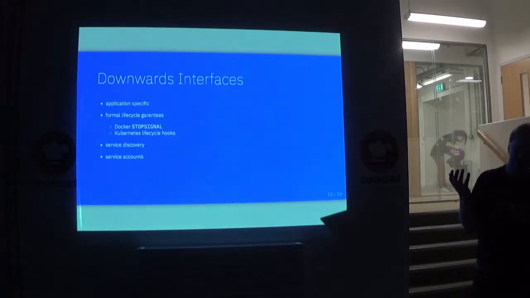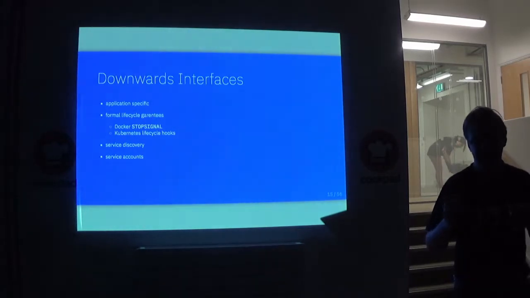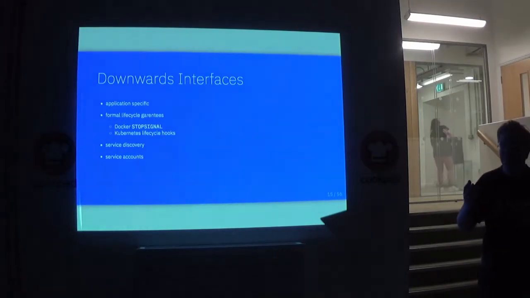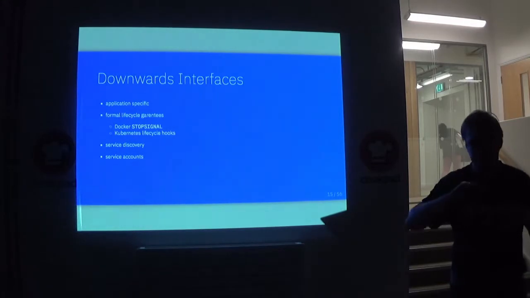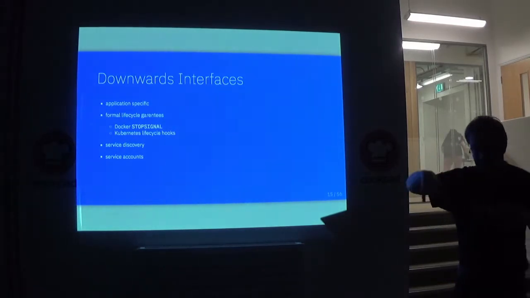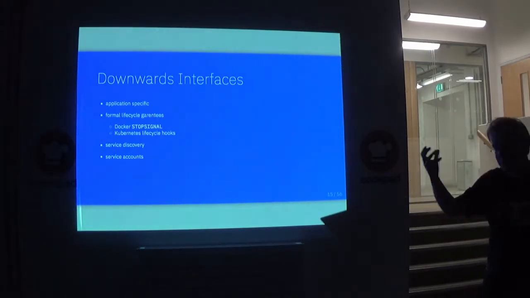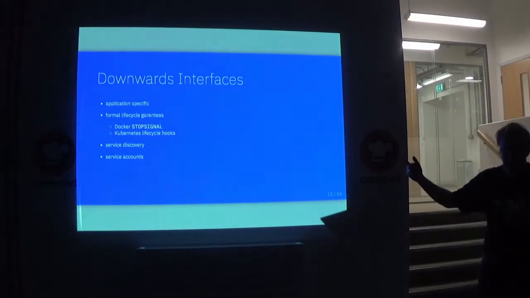It's not reasonable to expect an application developer to know and design an application so it's able to handle being forcefully killed at any moment without leaving stuff in a bad state. So we need to have some formal guarantees between ourselves managing the container somehow and the containers itself, the applications running inside.